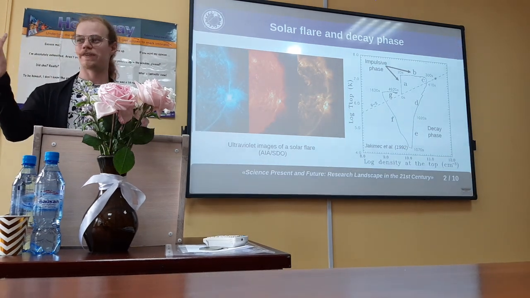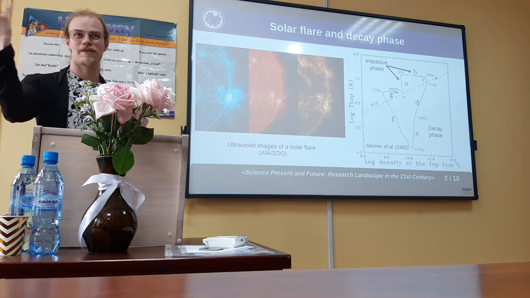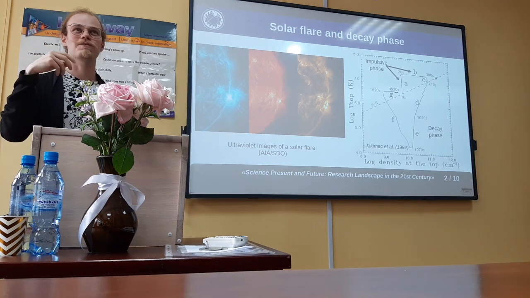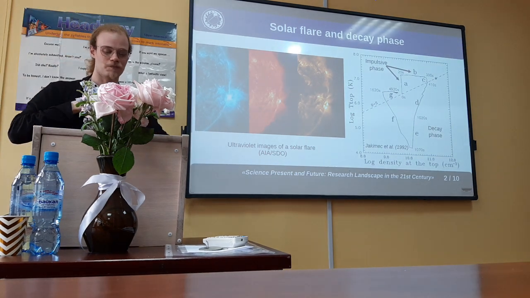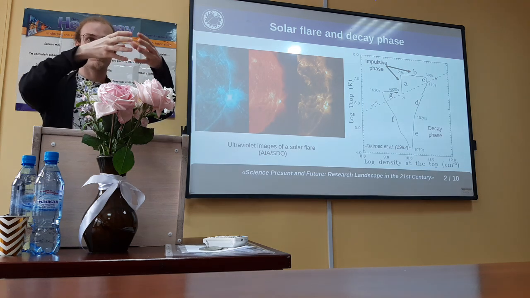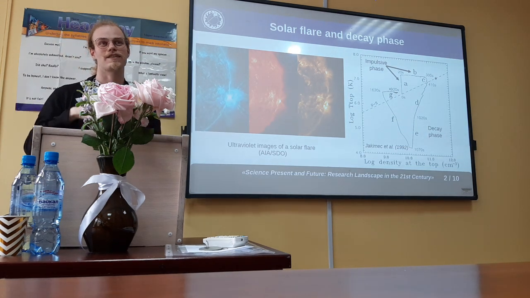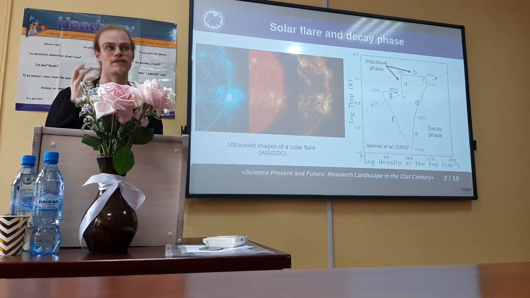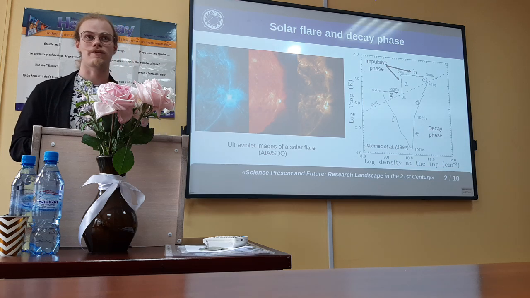When the Earth travels around the sun, it catches up with this cloud of particles, and this causes magnetic storms on Earth.